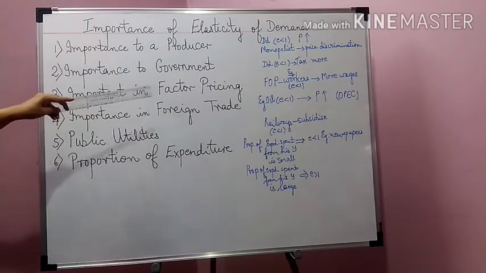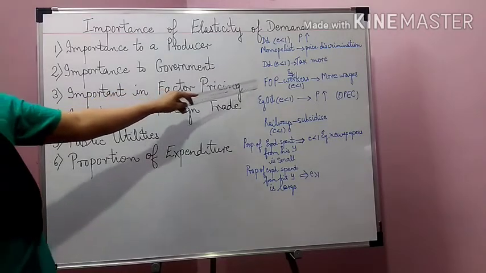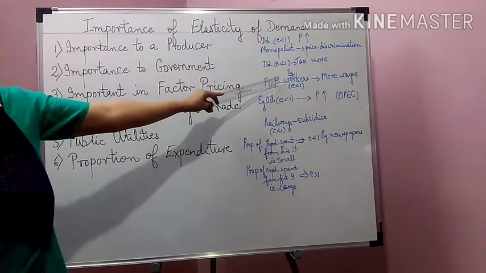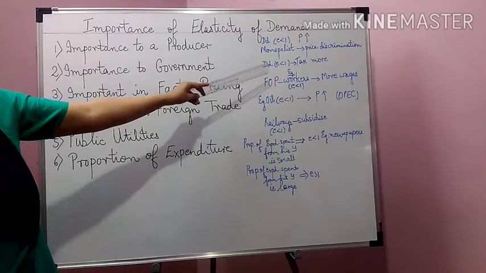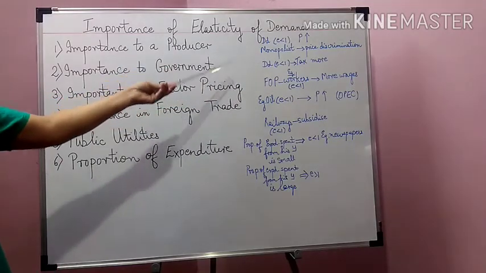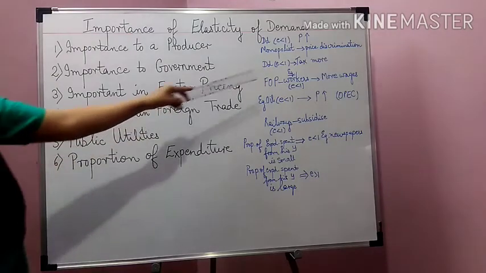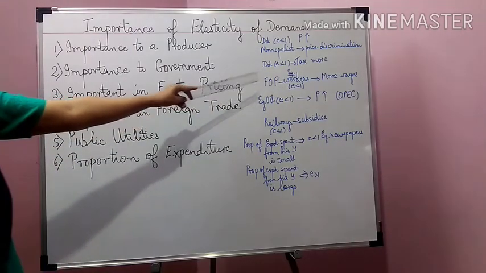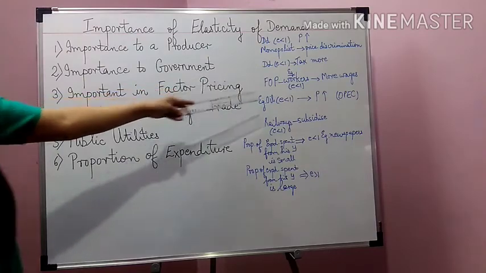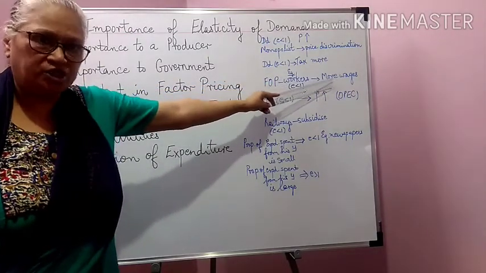For example, if we take a factor of production like labor, that is workers, if the demand for workers for the product which they are producing has relatively inelastic demand, they can demand for more wages.